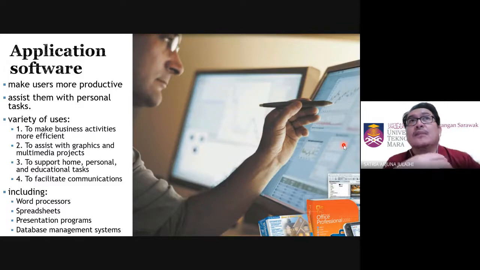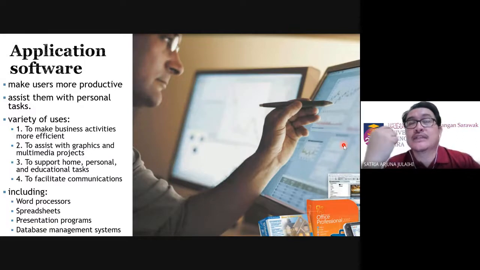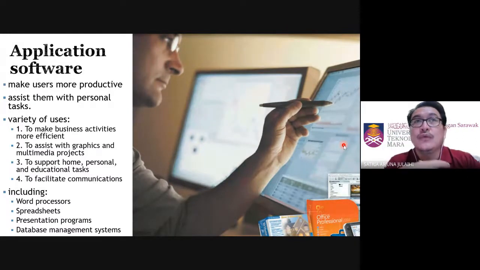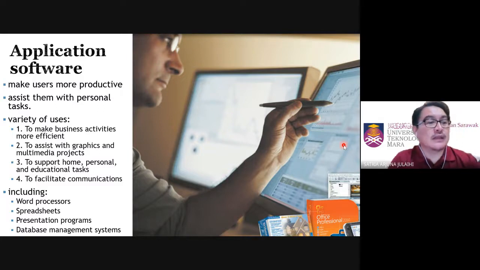So meaning that you do your work, but you can do your work more productively by using application software. You can do your work faster. If you are doing calculation, your calculation will be faster and more accurate. If you are doing a poster, for example, your poster will have more impact by using application software. And then assist them with their personal tasks as well. Okay, this is application software.